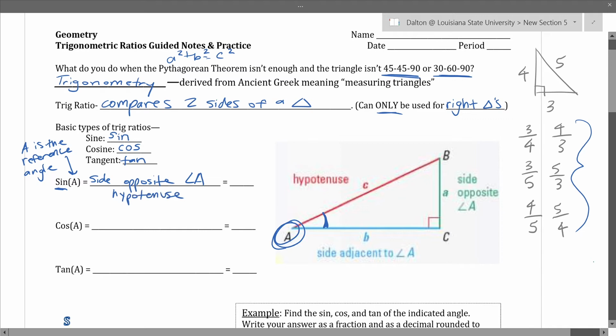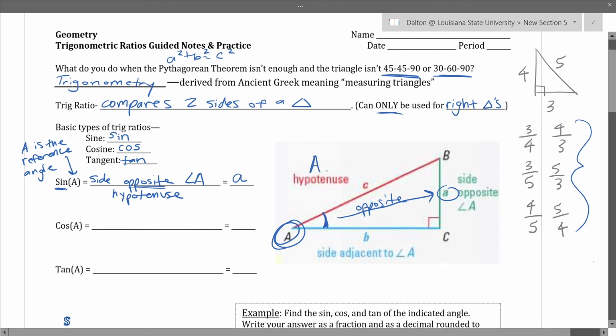When we use the word opposite, we mean completely across the triangle. This is opposite. That side does not touch angle A whatsoever. So notice little a is opposite of angle A. So A is the opposite side. The hypotenuse is always the hypotenuse.